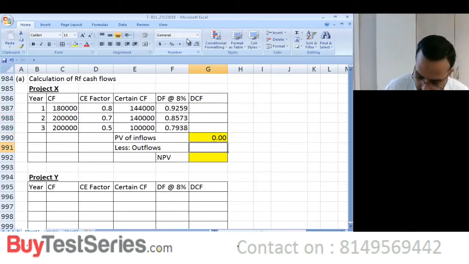What is the initial investment? 3 lakh 40,000.